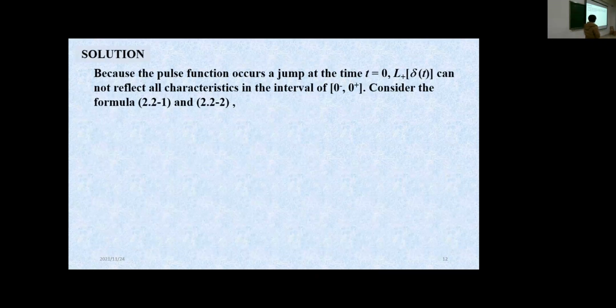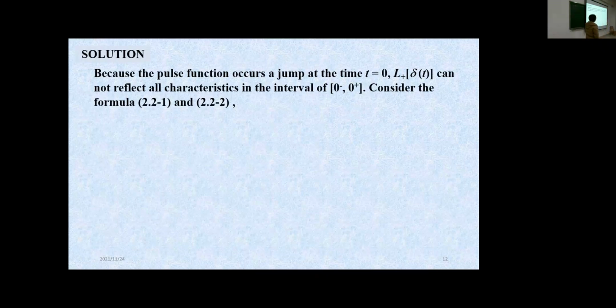So we should separate the domain from 0 minus to 0 plus to t. If we just consider the definition domain from 0 to infinity, that is to say, 0 plus to infinity, it cannot reflect all the characteristics in the interval from 0 minus to 0 plus.